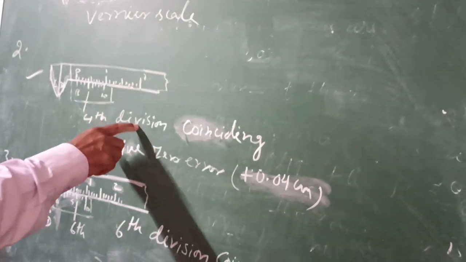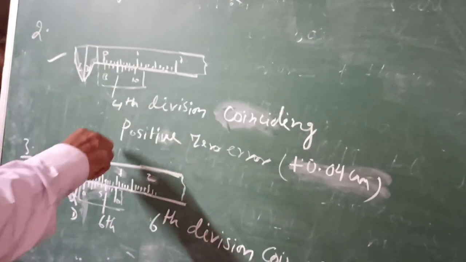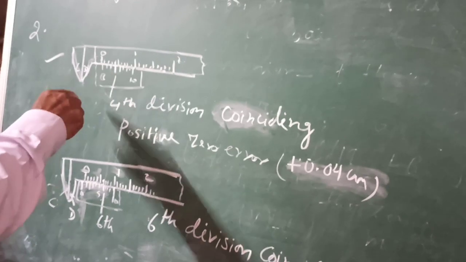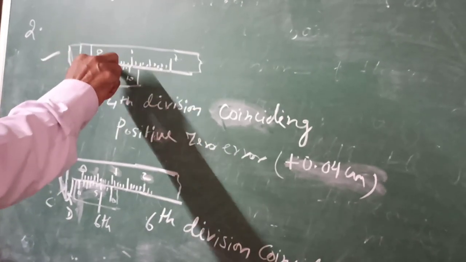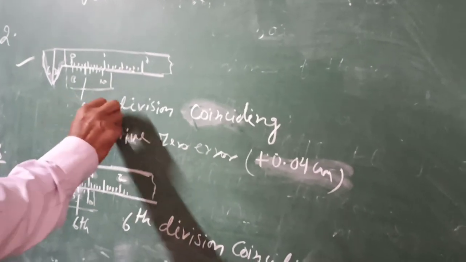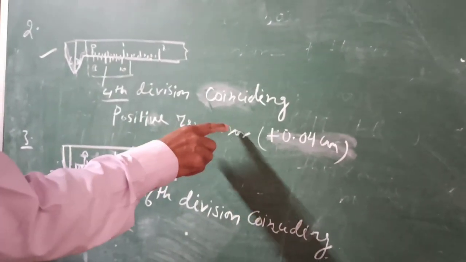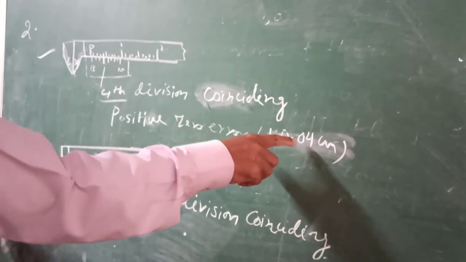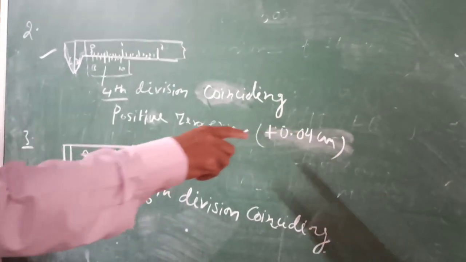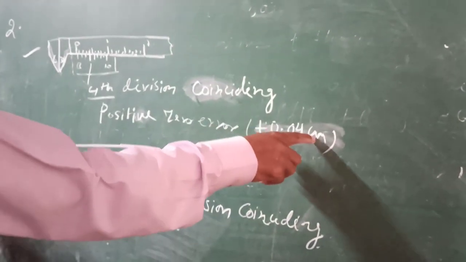The fourth division of the vernier scale coincides with the main scale fourth division. So positive zero error is plus 0.04 centimeter.